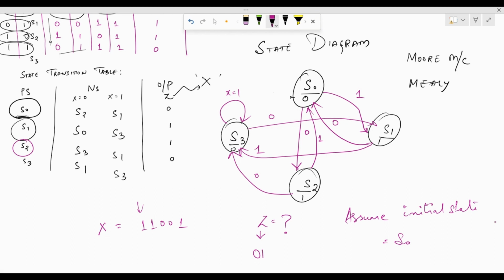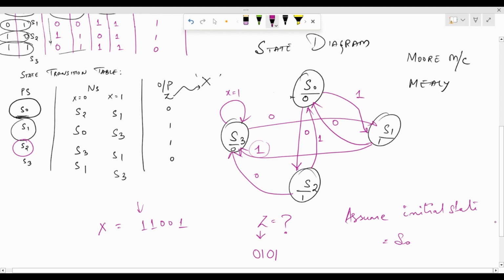Again, the input is 1. Now we are at the state S1. From this, again, when we receive 1 as our input, we'll go to S3 where the output is 0. From S3, if I get an input, say X is 0, then what happens? For X equal to 0, it is going to go back to state S1 where the output is 1.